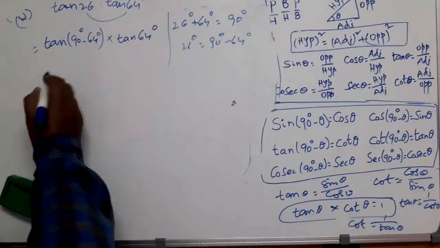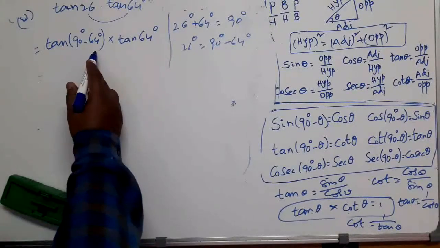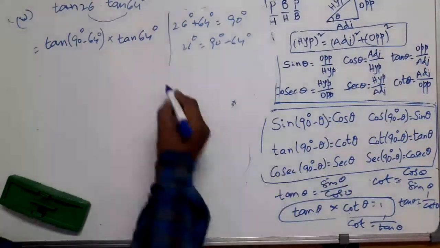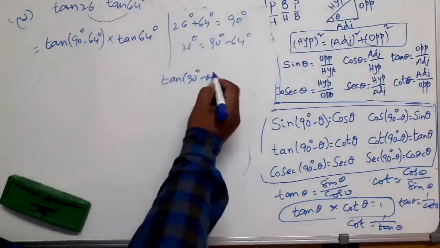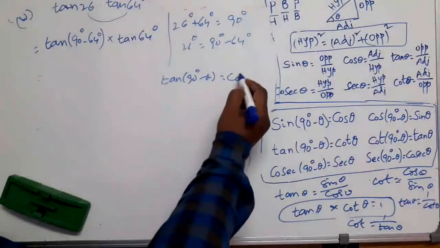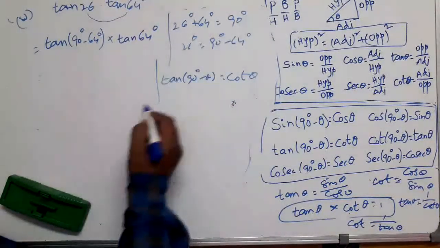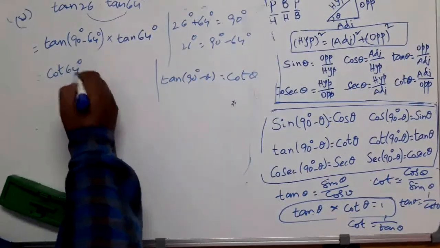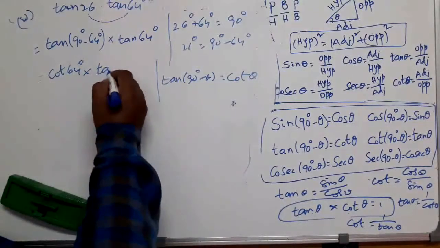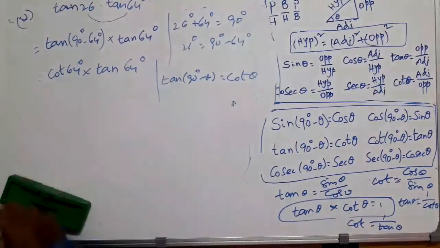Now tell me, this is also tan 90 degrees minus something. Tan 90 degrees minus theta is cot theta. That is the formula you have. So this is cot 64 degrees multiplied by, of course, tan 64 degrees, which is already there.